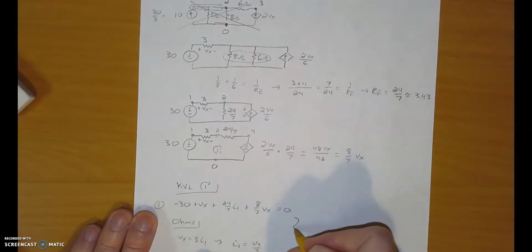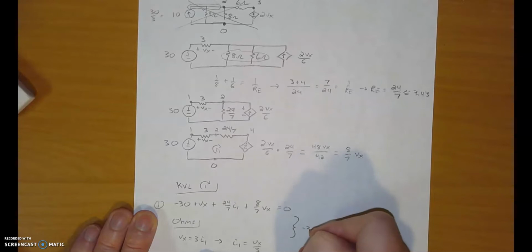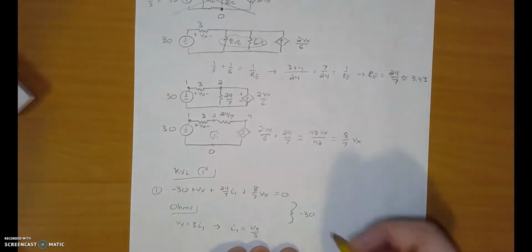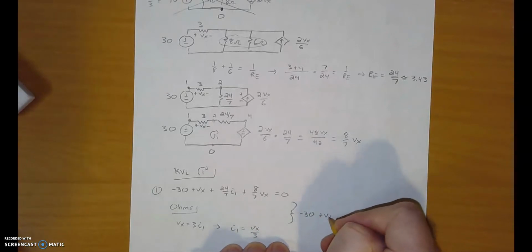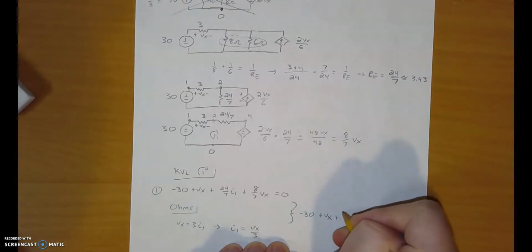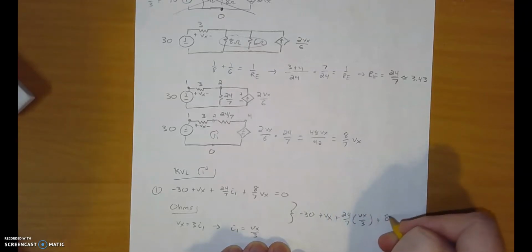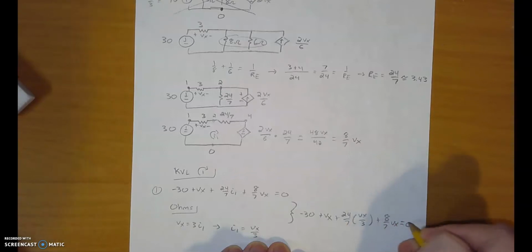We would combine these together and just do a little algebra. At this point, we've done all of the circuits, and we're just doing algebra. So minus 30 plus Vx plus 24 over 7 times Vx over 3 plus 8 over 7 Vx equals 0.